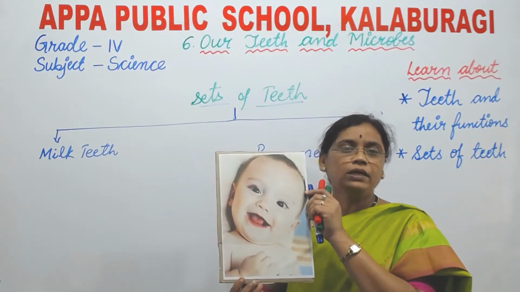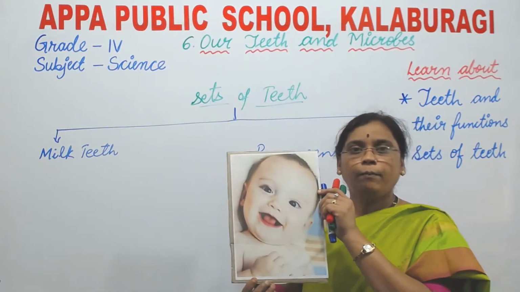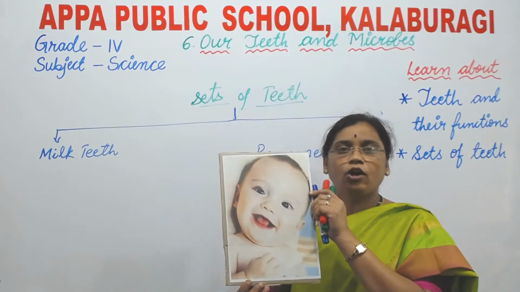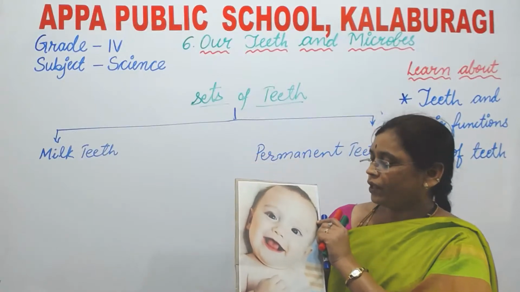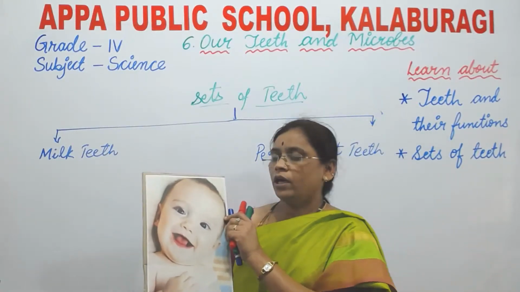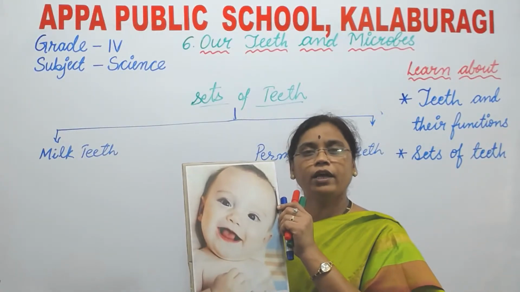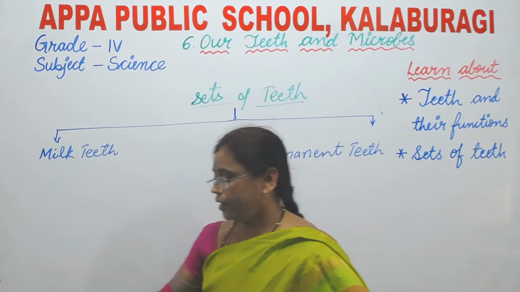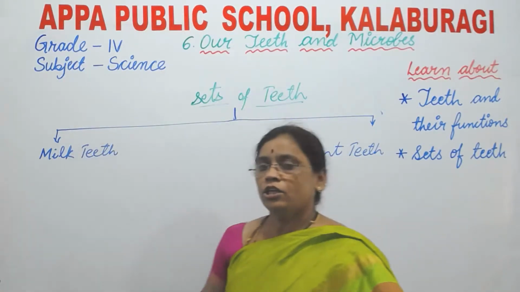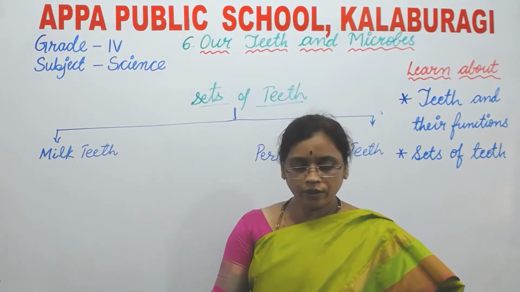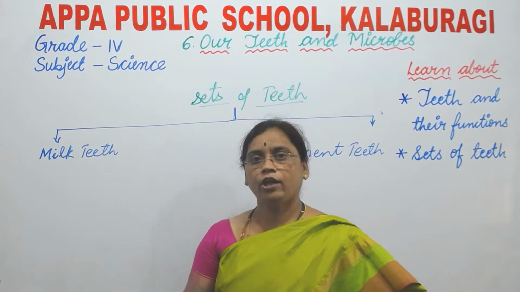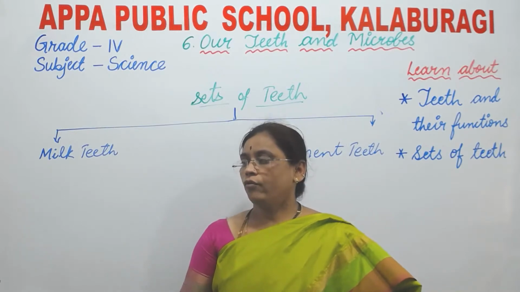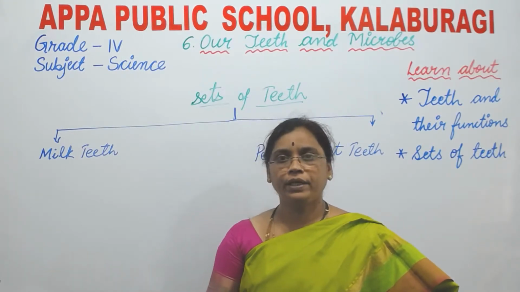They cannot eat the solid food like us. Understood? So let us see now. If the babies don't have teeth, then when do they begin to appear? Can you guess?